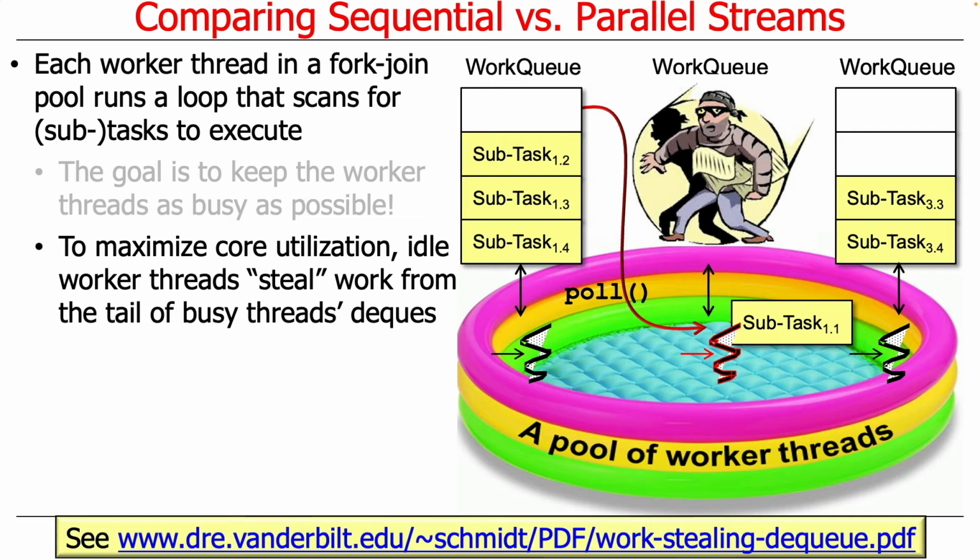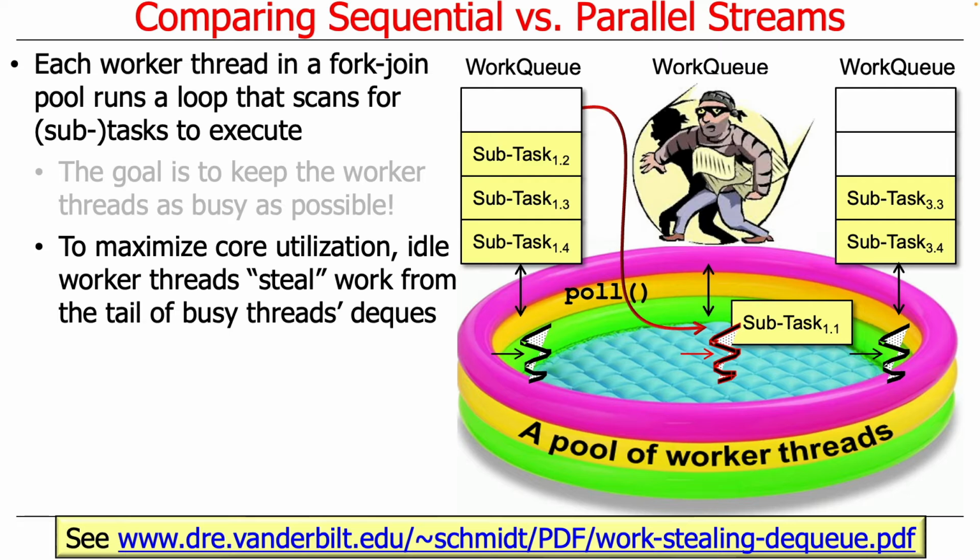You can read about the data structure for work stealing, called the work stealing deque, which stands for double-ended queue, at this link at my website. To summarize something I mentioned before, every worker thread in the fork-join pool has a deque of tasks or subtasks that it's going to be working on. Think of it like its work queue. In fact, that's what it's called: its work queue.